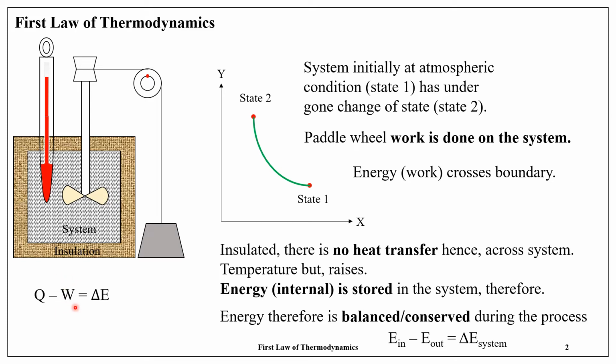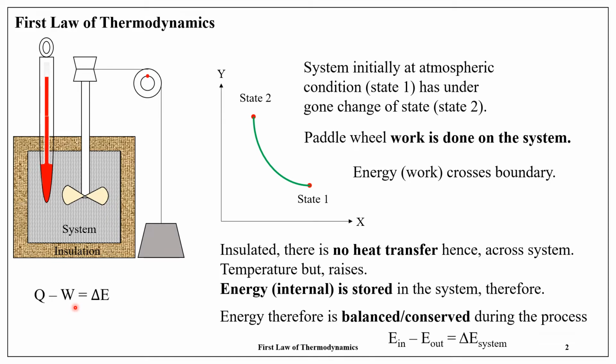Because work done on the system is negative. The paddle wheel is doing work on the system, therefore it is taken as minus. The negative sign represents the direction, not the quantity.